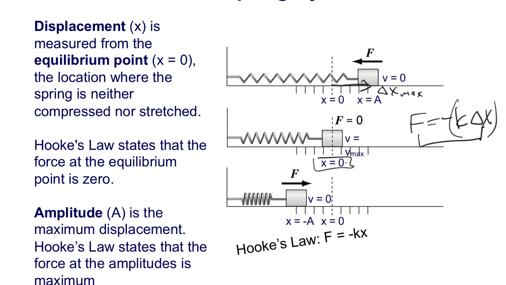Right here, from the rest position to where the black is, that's delta X max as well. But that's negative, because from equilibrium position to the maximum stretched up, the maximum distance from equilibrium position, that's in the negative direction.